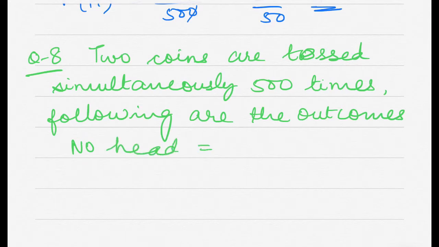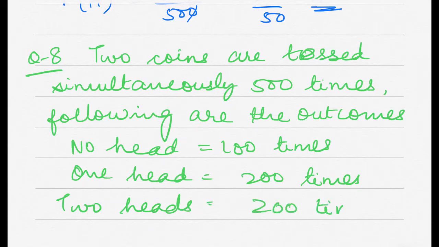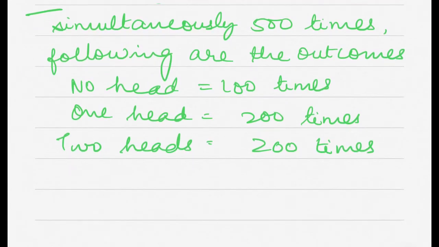So no head will be 100 times, one head is 200 times, and 2 heads, again 200 times.